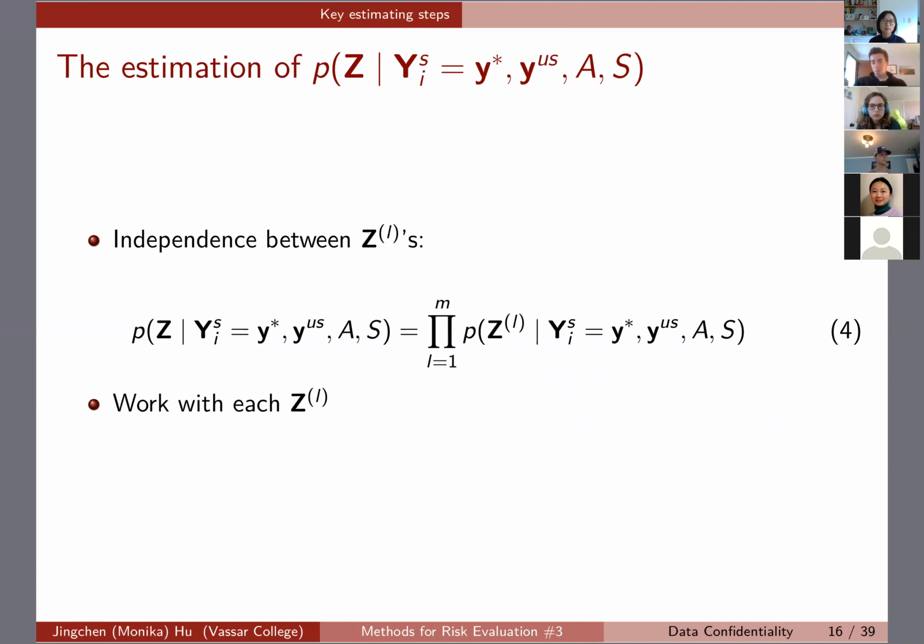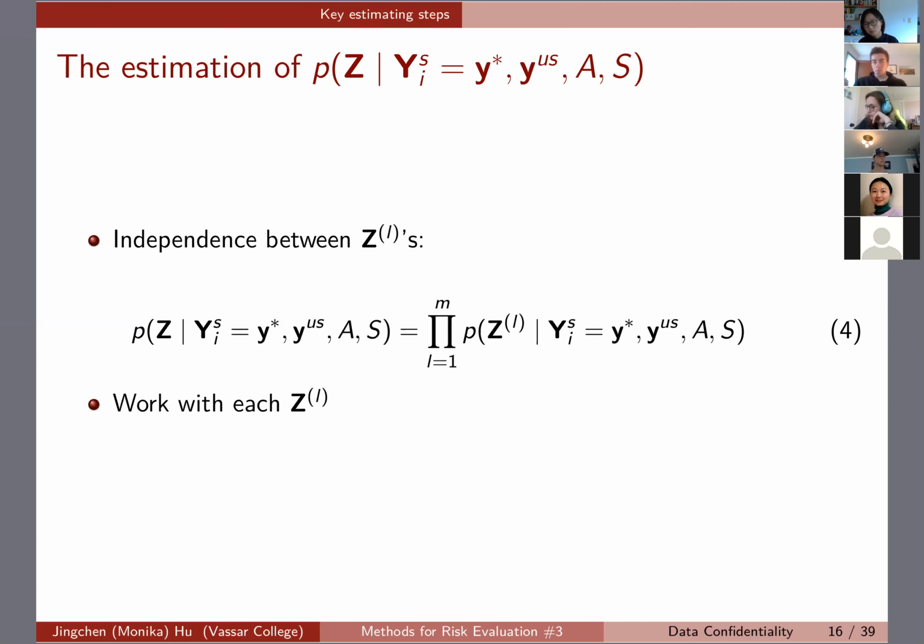But remember, when we generate synthetic data sets, we're using independent parameter draws, right? So that means that when you're looking at the joint of all of the Z, given Y star and the intruder knowledge, it can be the product of each Z^L, given the guess and the intruder knowledge.